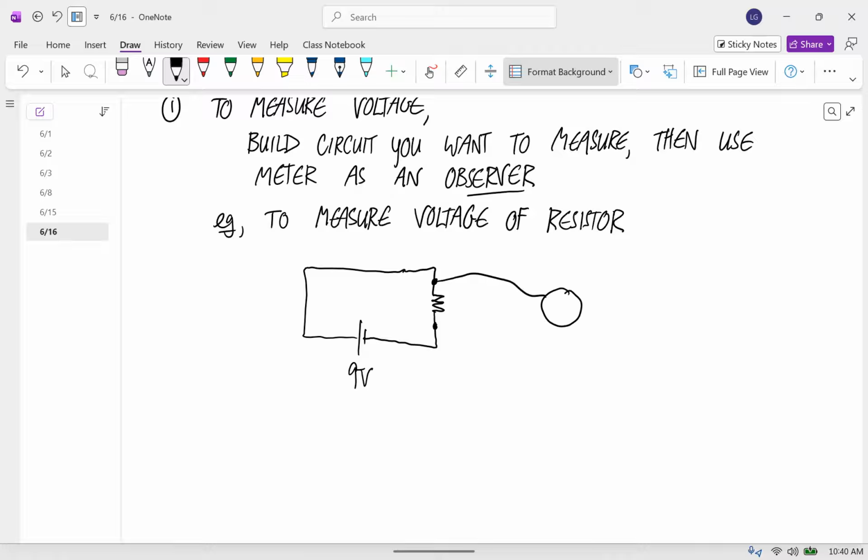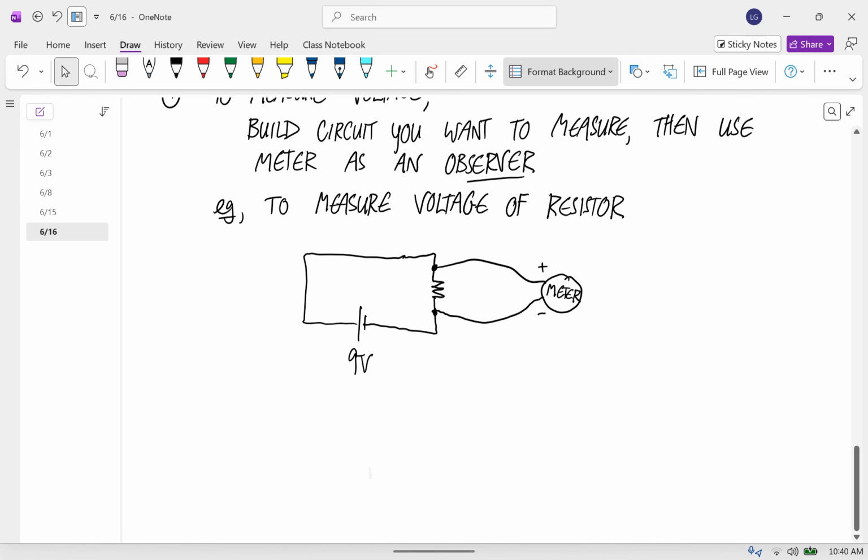So this will be our meter. And we'll put it on one side of the resistor, and we'll take the other lead and put it on the other side. And this would be the positive lead and the negative lead. And this meter now would tell us what the voltage is across that resistor. Okay, so that's to measure voltage. Voltage is very unobtrusive. It doesn't want to influence what anything else does. It just wants to watch what's happening, okay?